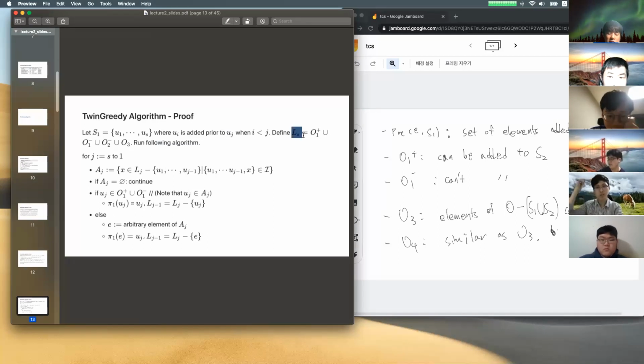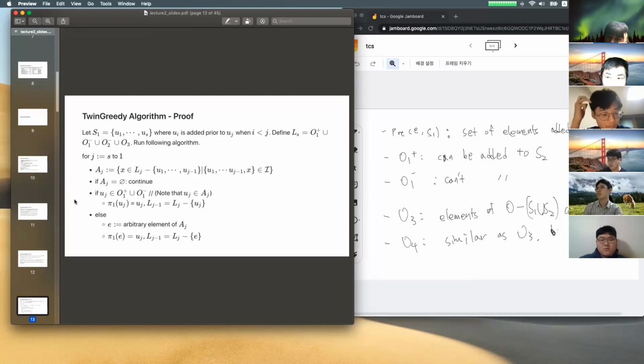So we first have LS, and from LS we inductively define LS minus 1, LS minus 2 like this. AJ is the first element of LJ that is not U1, U2 to UJ minus 1, such that if we add it to U1, U2 to UJ minus 1, it is still independent. That is the definition of AJ.